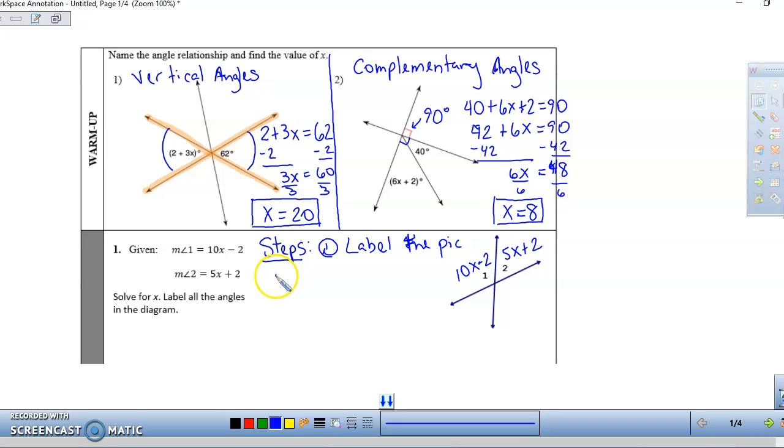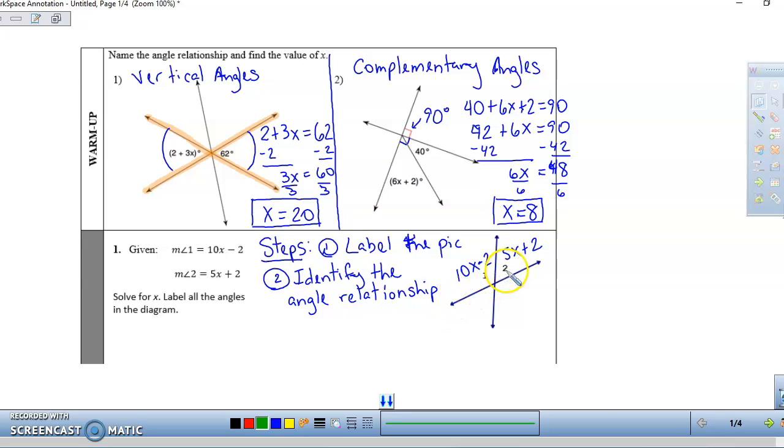Okay, good. Step 2, you're going to identify the angle relationship, because that is going to help you set up your equation. So in this particular case, these two angles are next to each other, or adjacent.